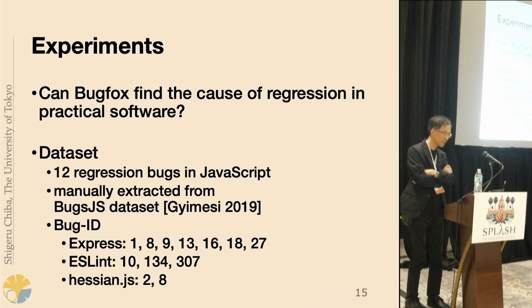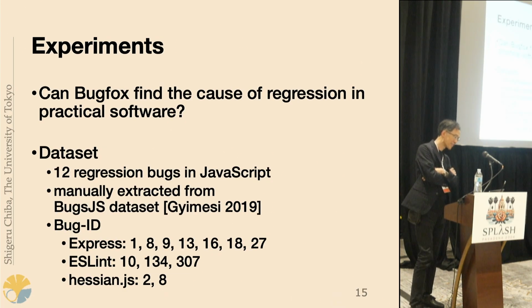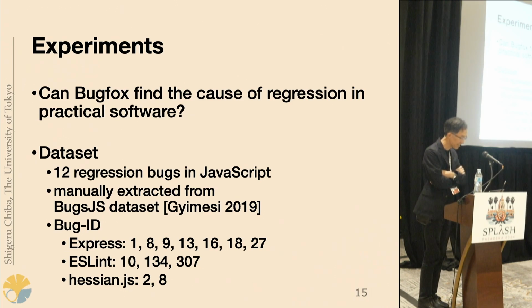Okay, so this is experiments. So the real interesting question is whether this simple, naive, straightforward approach works well. I mean, at least helps the developers to find the cause of the regression. Unfortunately, we couldn't find any real database of regression bugs. We only found the bug database, BugsJS.